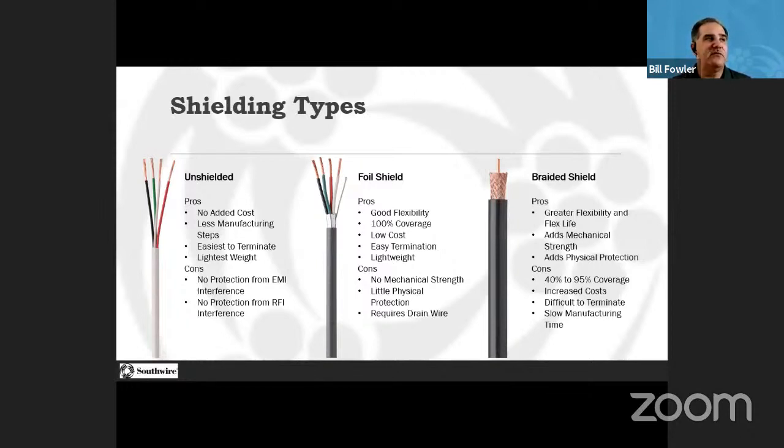The con of this is that the keyword is unshielded. The interference from EMI or RFI, it can pick that up very easily because it doesn't have a shield on it. Typically, the reason you see Europe use a lot of foiled and braided is because they have an open power system.